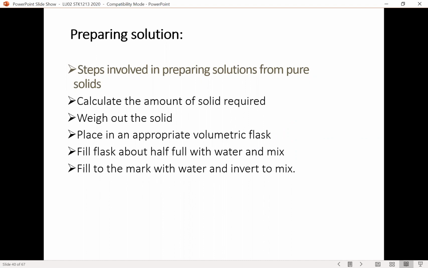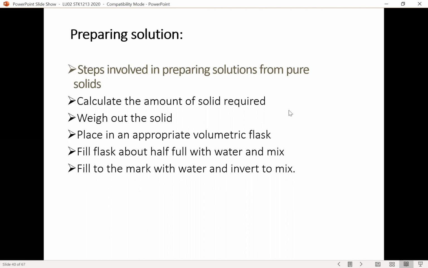Number one, we prepare solution from pure solids, as in experiment 1, when you read and you learn the procedure of preparing sodium hydroxide solution from sodium hydroxide pellets. So that is one type of solution preparation. You prepare your solution from pure solids. And another type of solution preparation is by diluting your solution from stock solution.